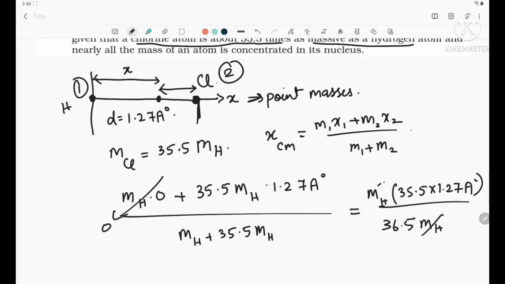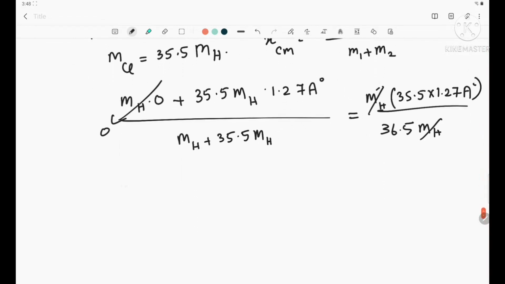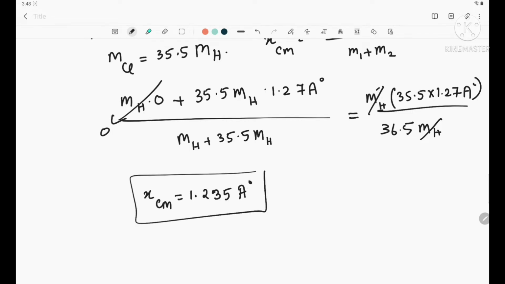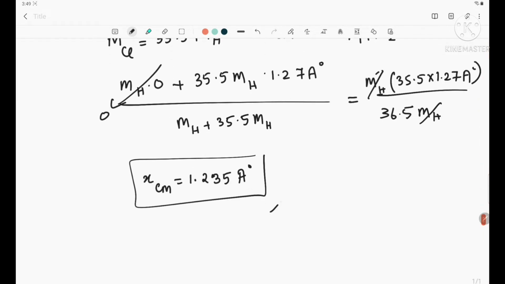So mH gets cancelled and then you calculate this. After calculating, you get the answer as x center of mass is equal to 1.235 angstrom. So this length is equal to 1.235. x is equal to 1.235 angstrom. So this will be your answer.